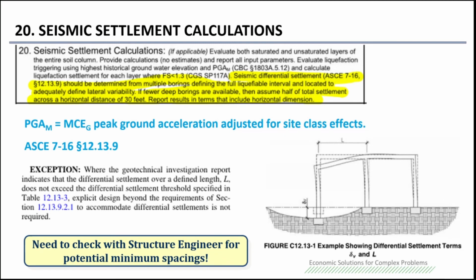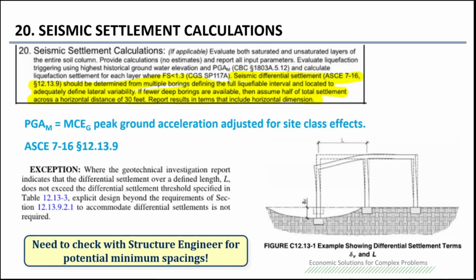There is one thing I want to point out. If you look at the commentary of the ASCE 7-16 for this topic, there is a figure about the definition of L. The L actually is the spacing of the columns. I want to highlight this because for a lot of essential structures, risk category 4 structures, sometimes you need to have a peer review for the design.